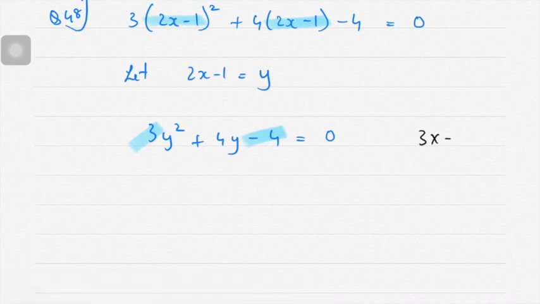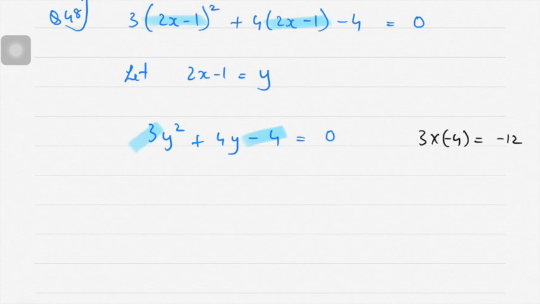How much is it? 3 into minus 4 is how much? Minus 12. Correct? Now I need two numbers.